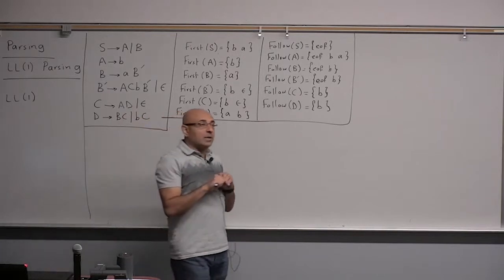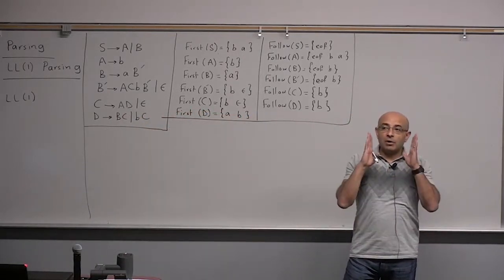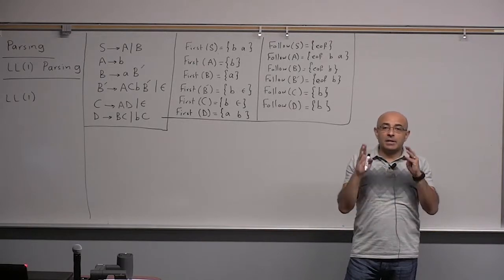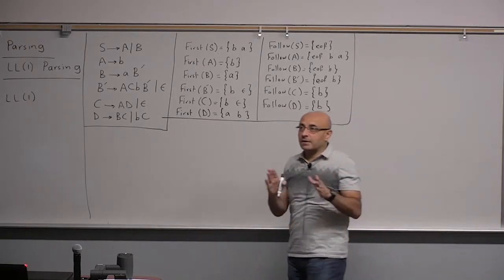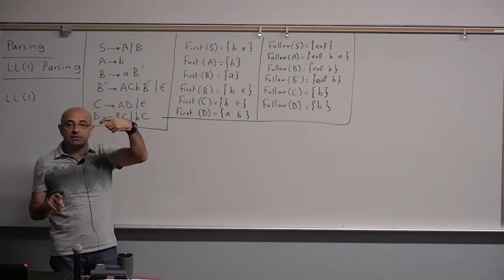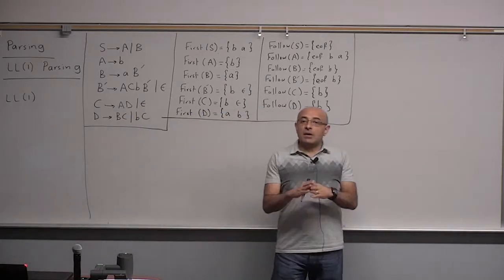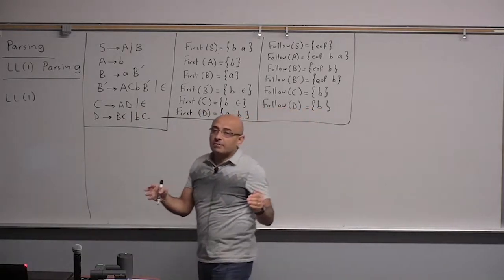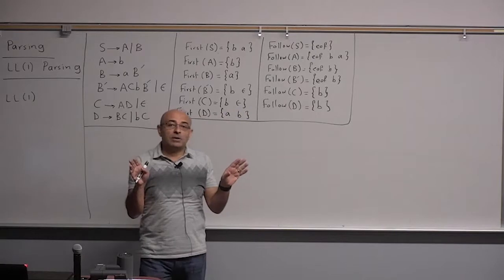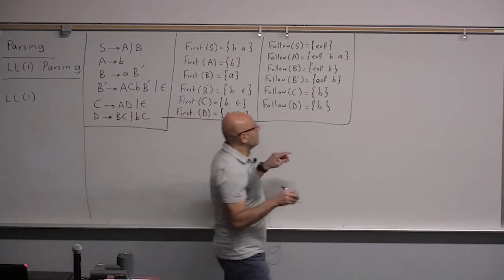Okay. So on a high level, only if there is only one substitution possible or valid. There is only one valid substitution or expansion of the current non-terminal that we are trying to expand. If there are multiple valid expansions, then LL1 will not work. There has to be only one. And there is one if we have this condition.